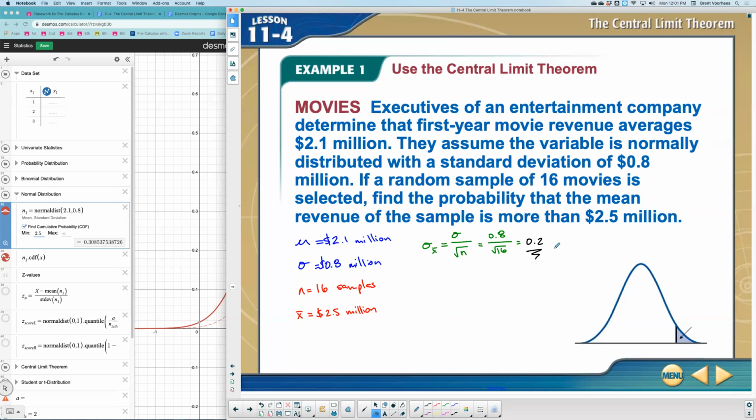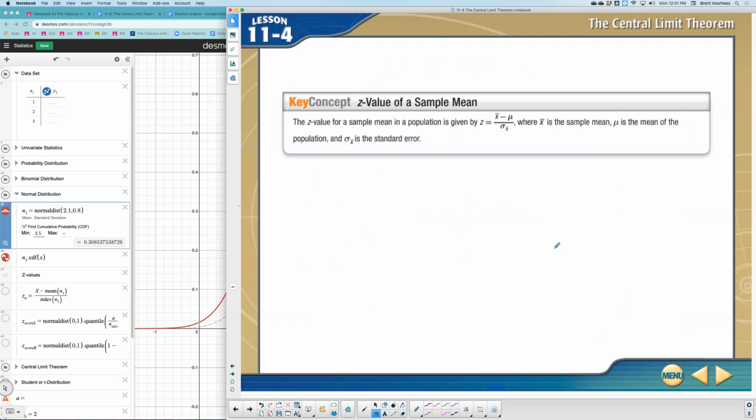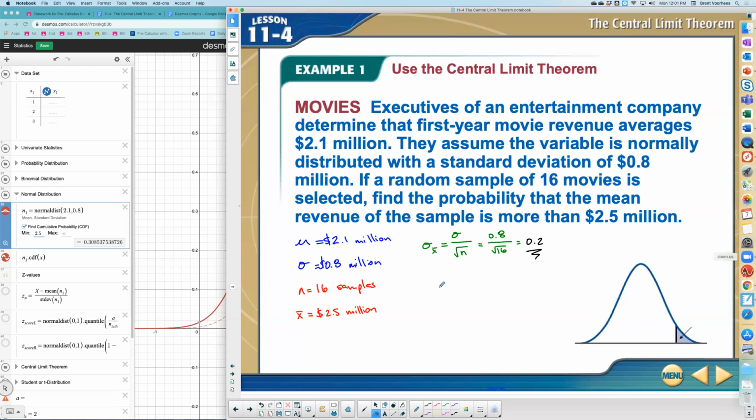Secondly, what we learned on the next slide is that we can get the z value using this formula here. The z value is going to equal x bar, the sample mean, minus the perceived mean or the known mean of the distribution, divided by the standard deviation of that sample.